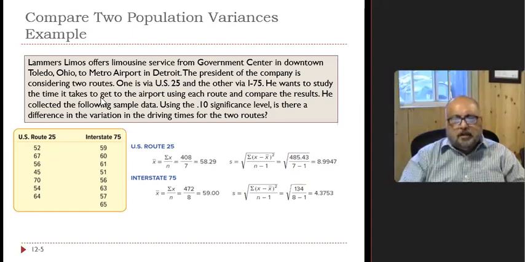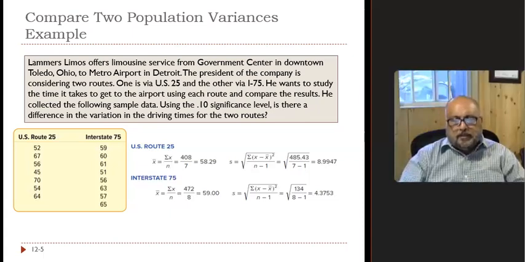He wants to study the time it takes to get to the airport using each route and compare the results. He collected the following sample data using the 10% or 0.10 significance level. Is there a difference in the variance in driving times for the two routes?